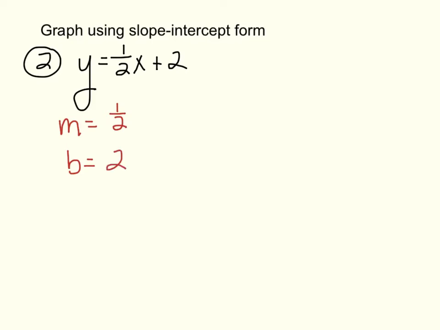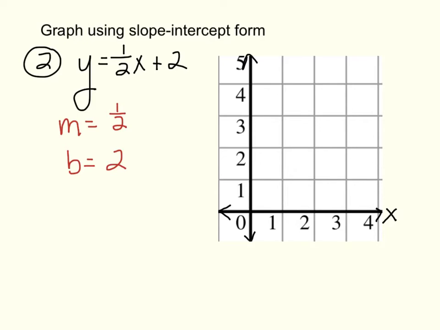So here's how you graph. Step 1, you always start with your b. This number tells you where on the y-axis this line crosses. So you put a dot right here at 2 on the y-axis, not the x, always on the y. From that point, you go up 1 over 2, because it's rise over run.